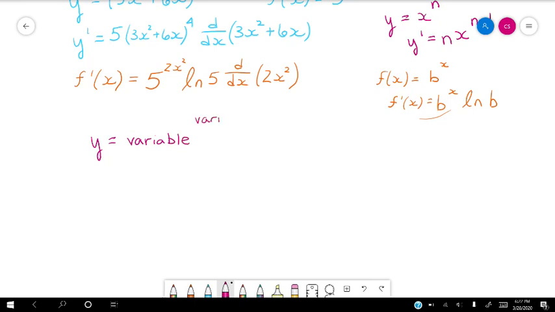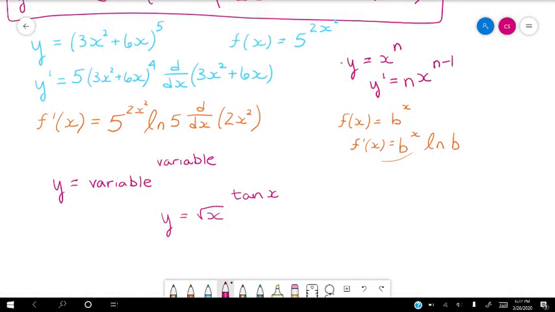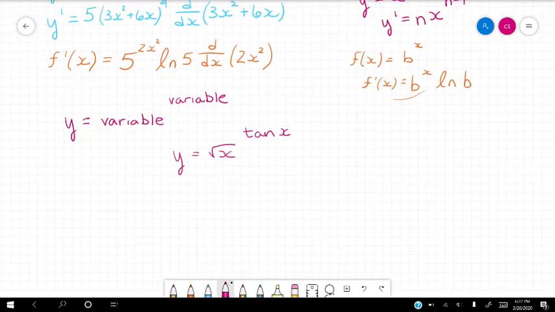But our last case that we have to figure out is when we have a variable and we're going to raise it to a variable. And we don't have a technique for that yet. So for instance, we have a function and it's raised to another function of x. In this case, we can't use our power rule, and we can't use our exponential function rule.